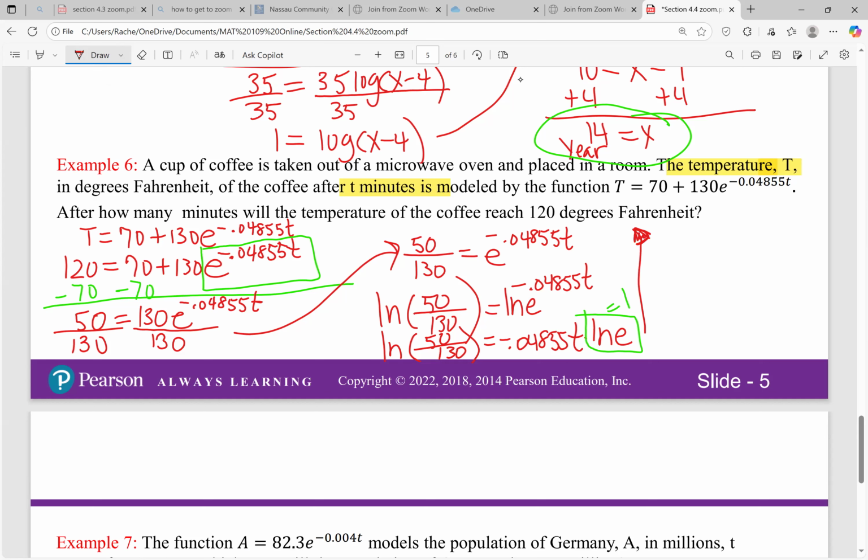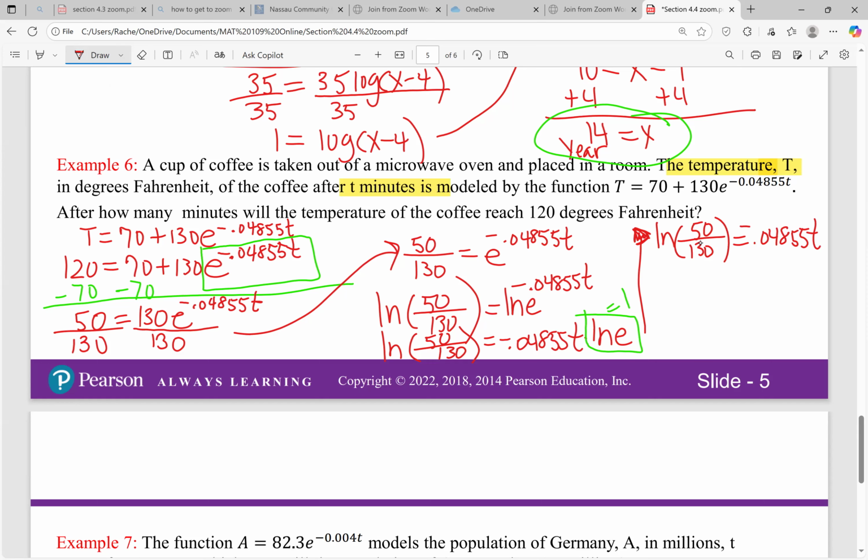So we have the natural log of 50 divided by 130 is equal to negative 0.04855t, because it's just being multiplied by 1, right? That natural log of e just is 1. And now how do we get t by itself?